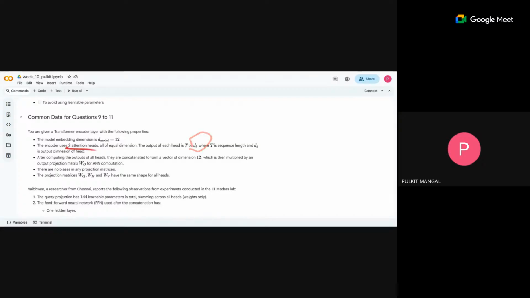We have 3 heads, each of equal dimension. 4, correct. So you have a 12 dimension embedding, and you are passing it to 3 heads. After that you have to do the concatenation, of course. That's why each of these heads should output in 4 dimensions.